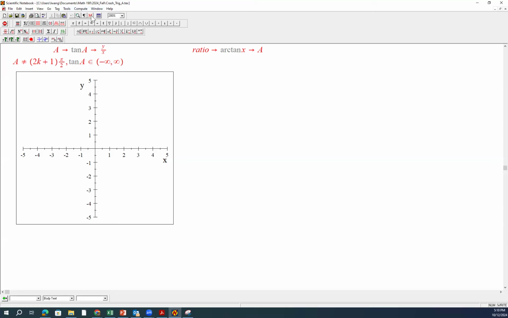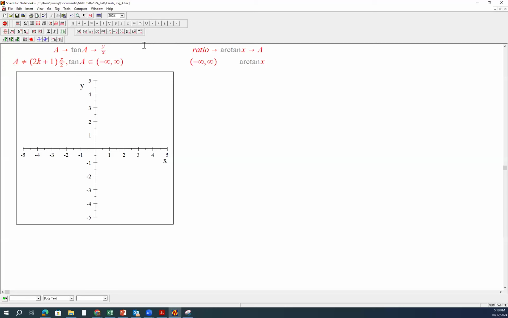So the domain of arctangent is the same as the range of tangent. The ratio for arctangent can be any real number. The angle, however, is not the same as the domain of tangent.